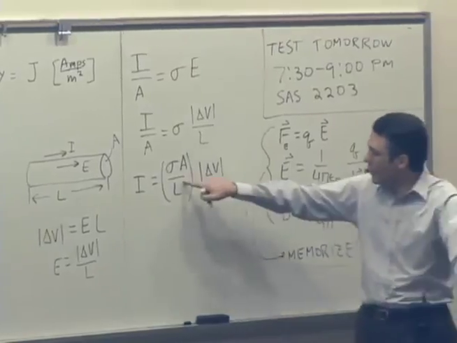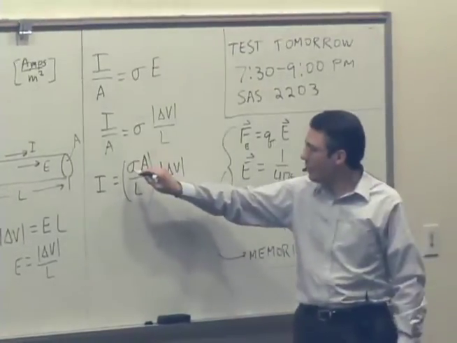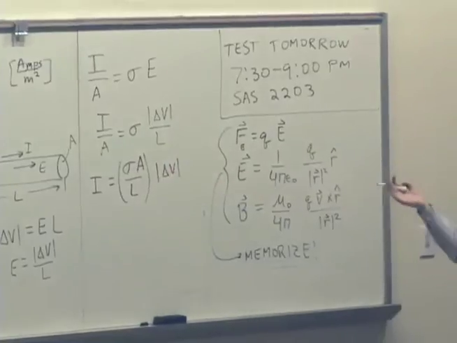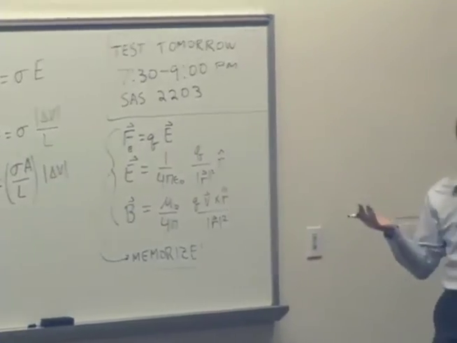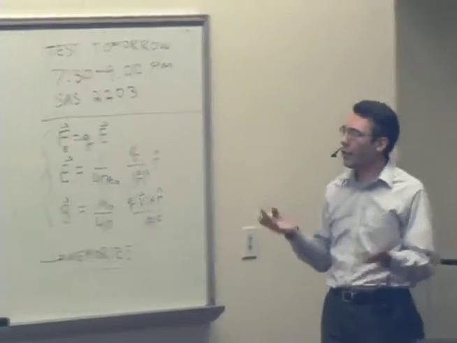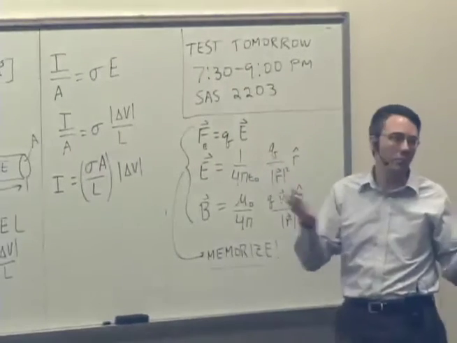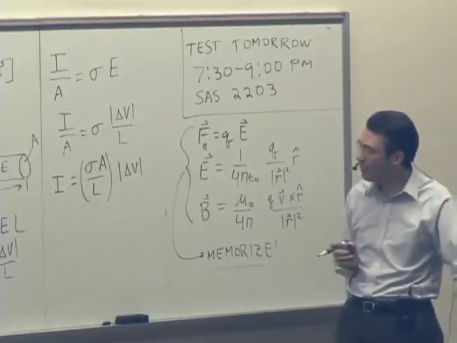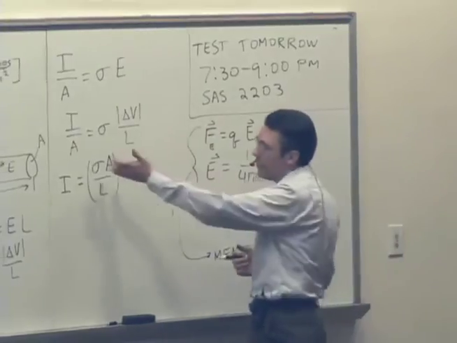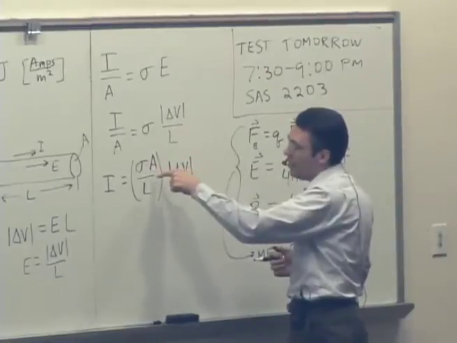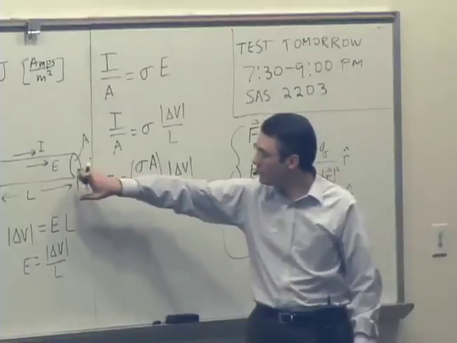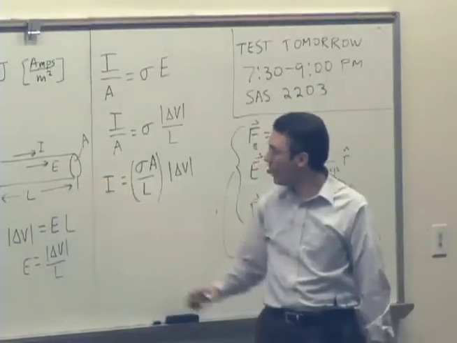And this quantity consists of two things. It consists of a material property, namely the conductivity, Q times N times U. Q, N, and U are going to be the same no matter how much of the material you have, so that's on a per volume basis. But then we have the geometry of the actual wire, how wide it is and how long it is.